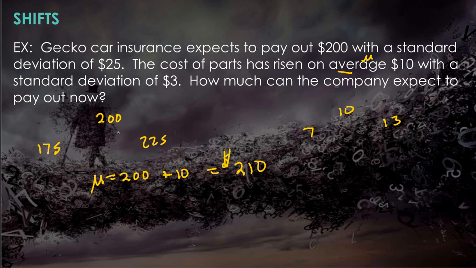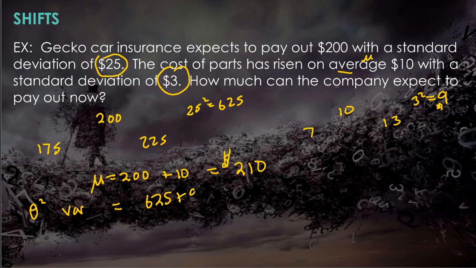So I'm going to need my variance. So my variance from here is 625. So 25 squared is 625. And my variance here with the $3, 3 squared is 9. So my variance, that's my sigma squared, is going to be 625 plus the 9. So my variance is 634.